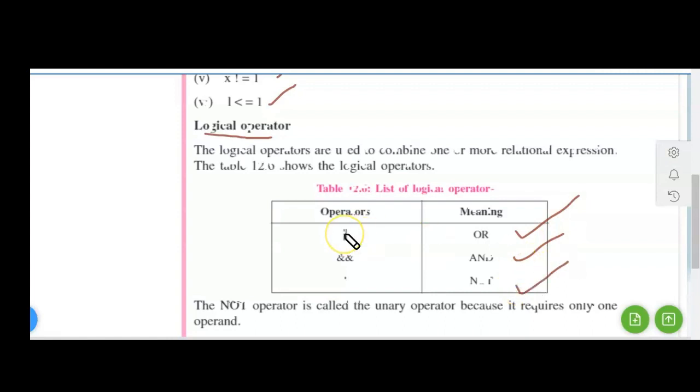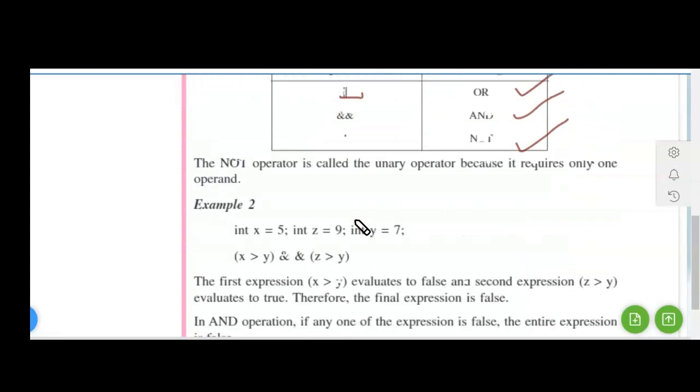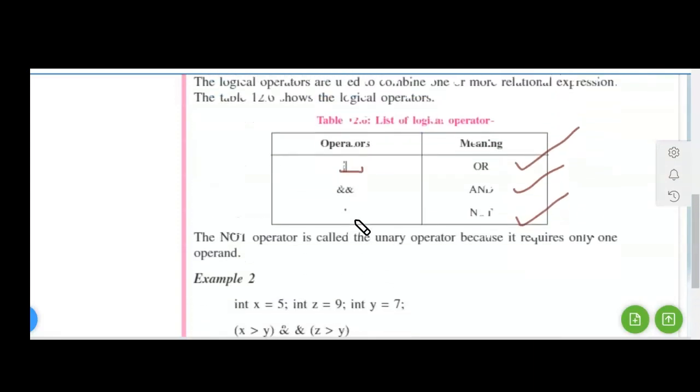So it follows the logic table, the truth table. If any one of the statements is correct, the result will be true for or, and for and both statements have to be true, otherwise it will be false. So in those cases these logical operators are used.